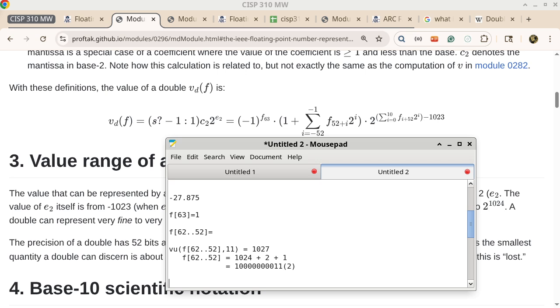Are we good with that? Do we understand why we need 1027 instead of 4? And do we understand how we go through that conversion? 1027 in base 10 is 1, 8 zeros, and then 1, 1 in base 2 because it consists of 1024 plus 2 plus 1. So we good with that?